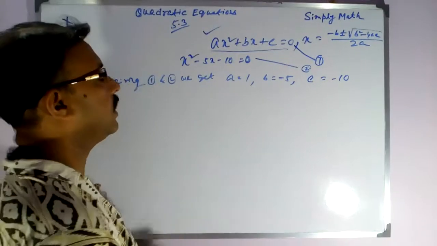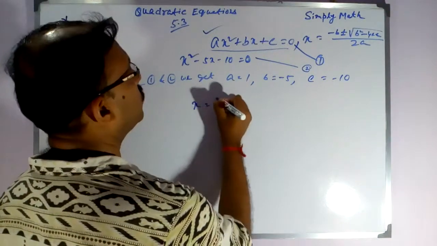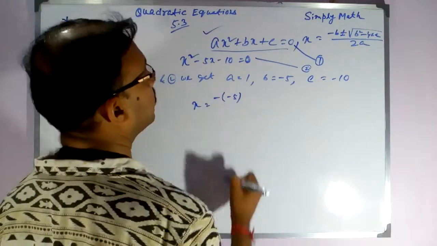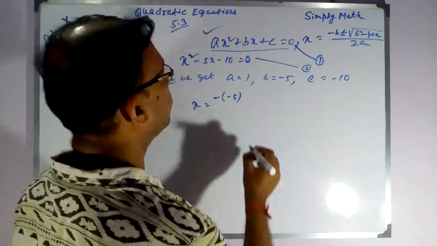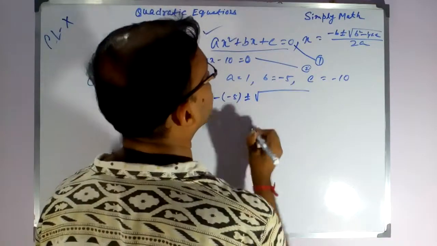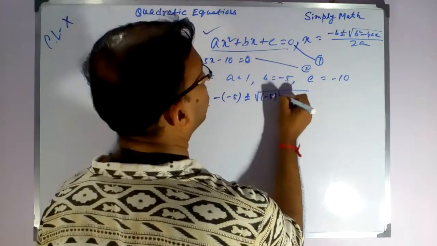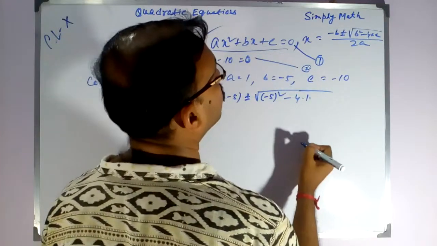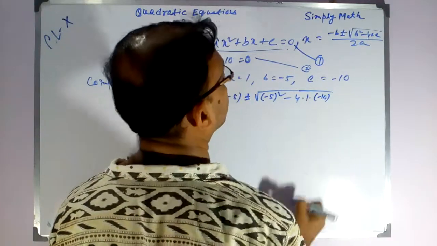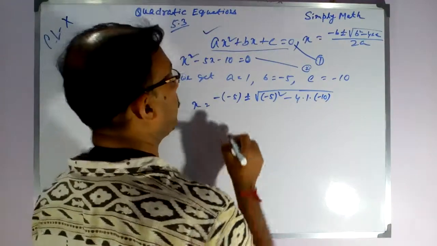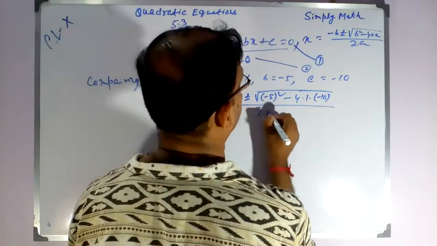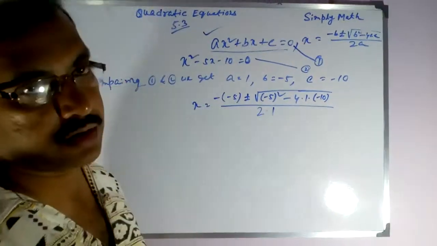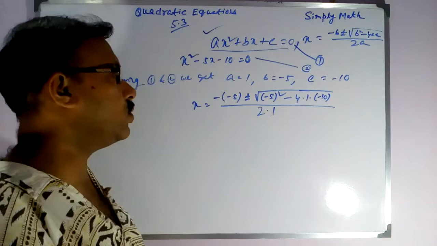And therefore x is equal to minus b. b means minus 5, plus minus root over b square minus 4 into a, a means 1, into c, minus 10, by 2 into a, a means 1. 2 into 1.